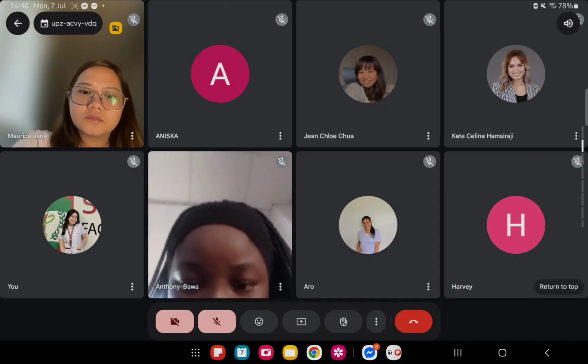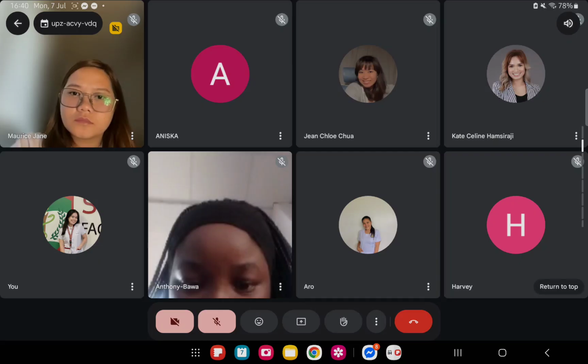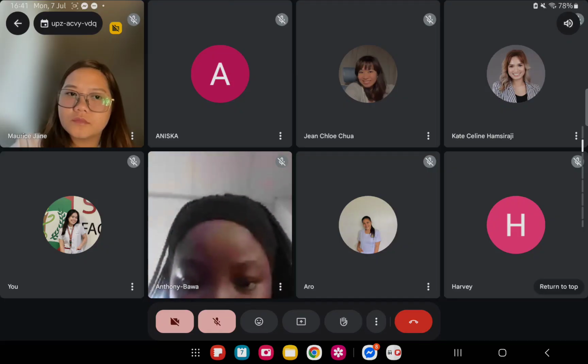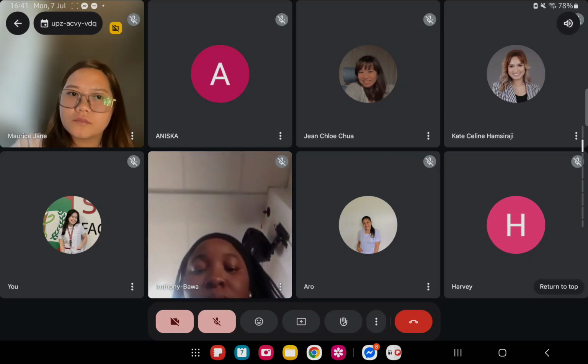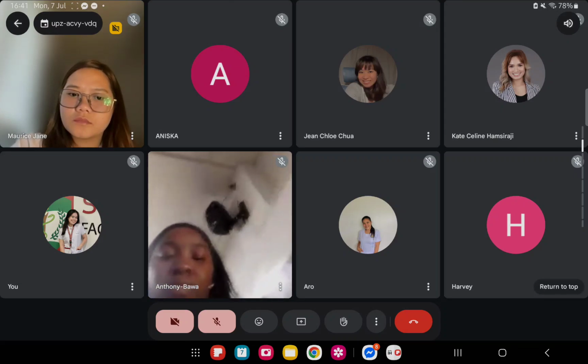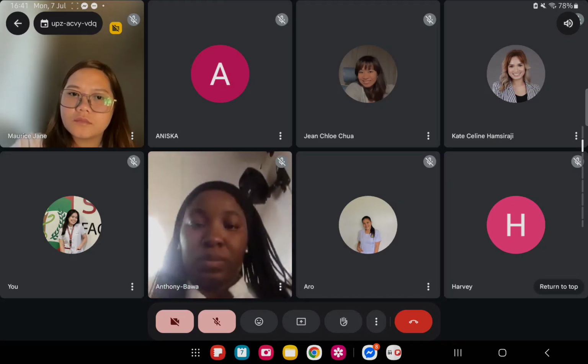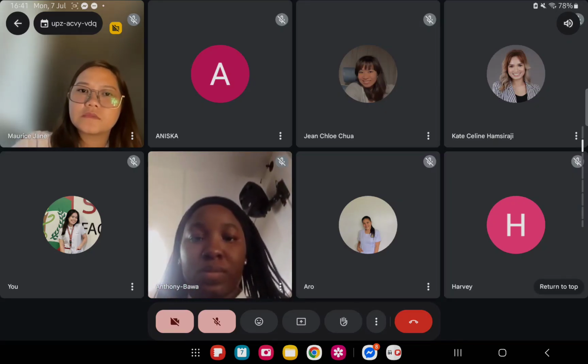So the numerator represents the distance between patient and the eye chart, and the denominator is the distance of the smallest row of letters that the patient can read, and distance at which a person with normal VA can read the letters.